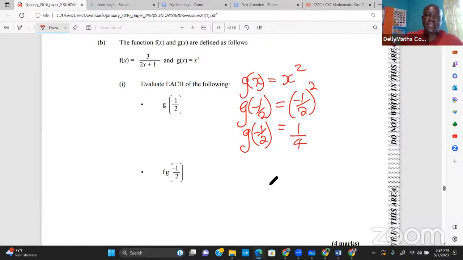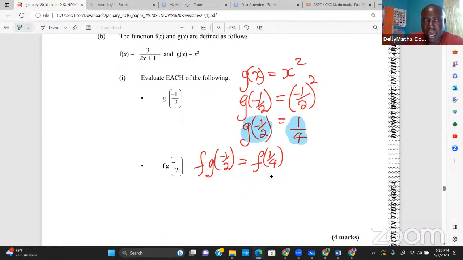Now, the next question says we're doing a composite function. We're doing f of g of negative a half. The reason why I like this is because I have already found out what g of negative a half is. So I could now just quickly represent my idea, because f of g of negative a half is going to actually mean f of a quarter.